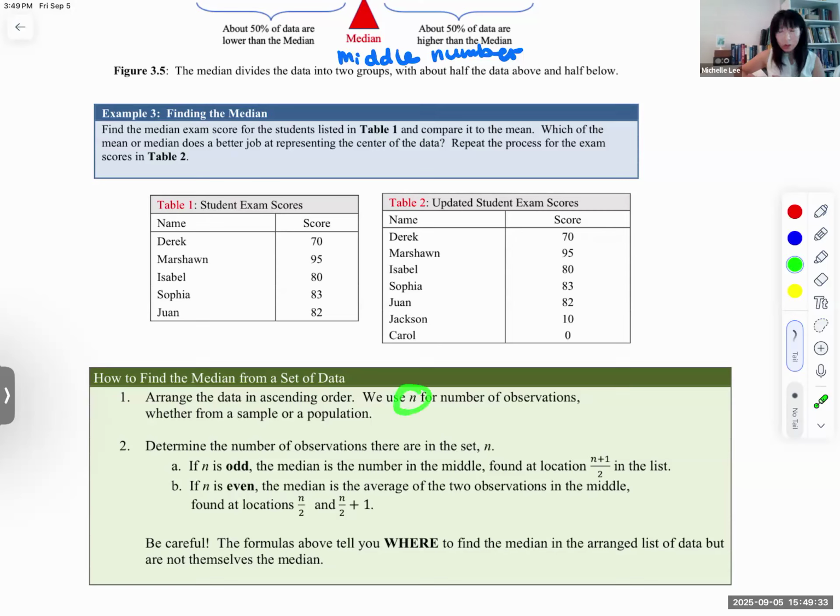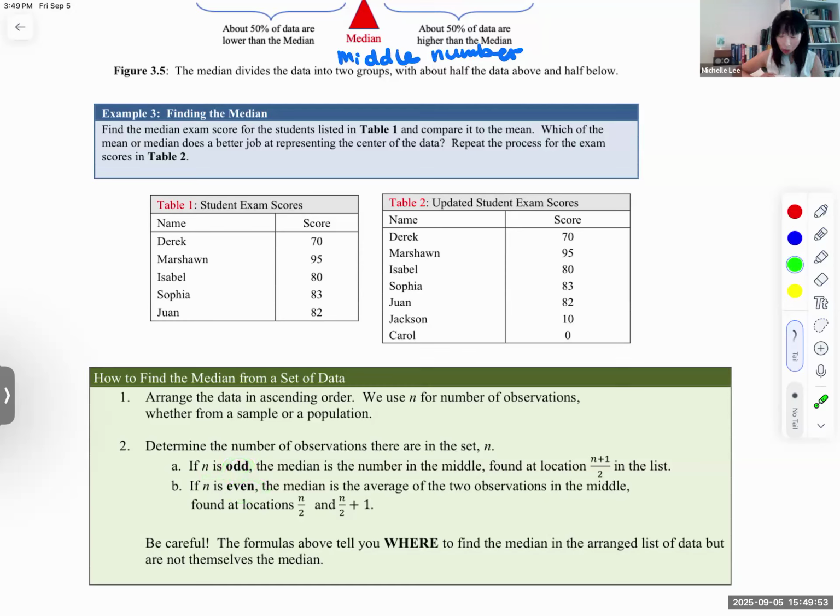Okay. Now we can just use lowercase n, whether sample or population. Number of observations, the number of data points, how many data points. We can count whether it is odd or even.